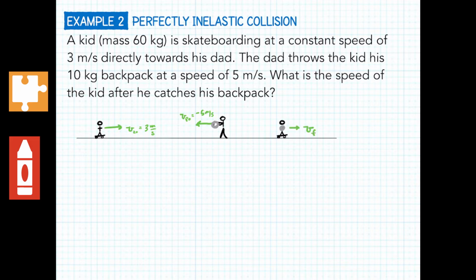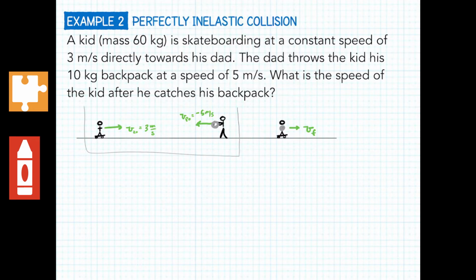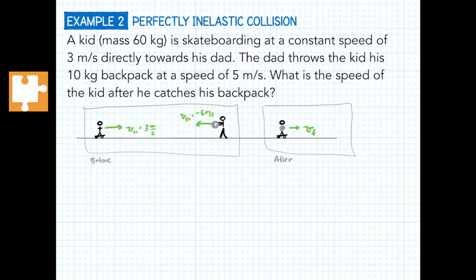We'll call that V final, okay? So this is our start before, and this is our after. You could also call these initial and final, okay?